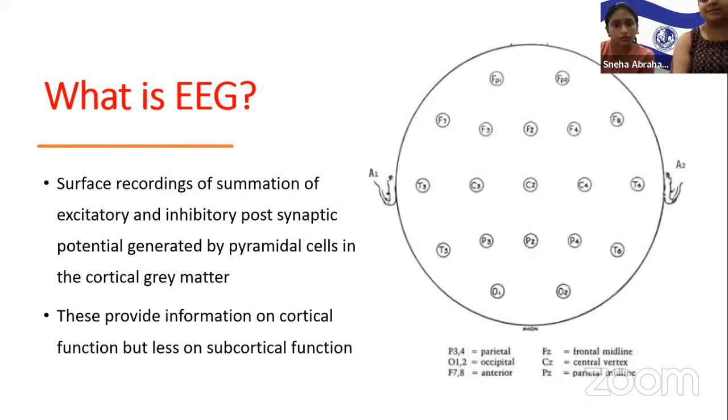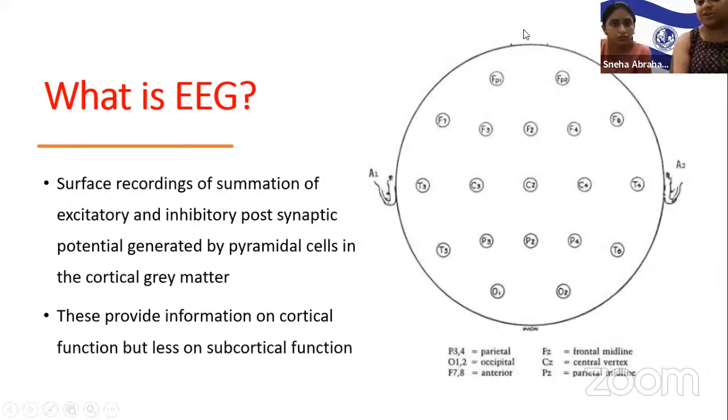What is EEG? Sir, electroencephalogram is a surface recording of the summation of the excitatory and inhibitory post-synaptic potentials, which are generated by the pyramidal cells in the cortical gray matter, sir. It is usually cortical, and there is very little information about the subcortical functioning. In this diagram, we can see the international 10-20 montage.